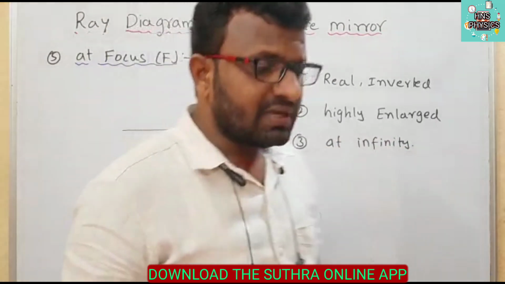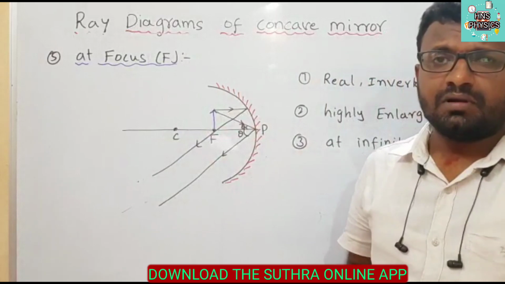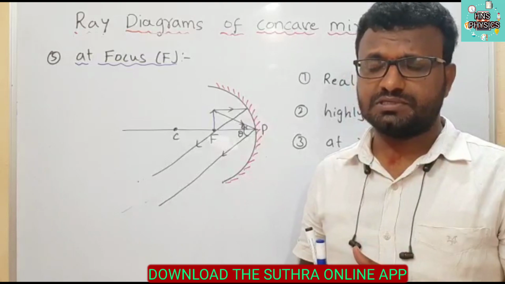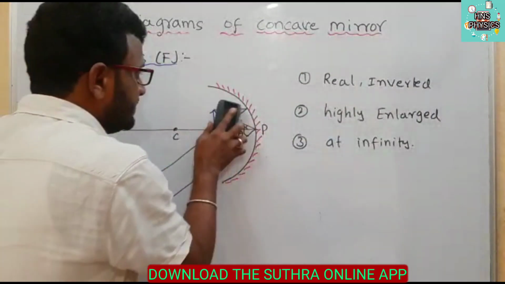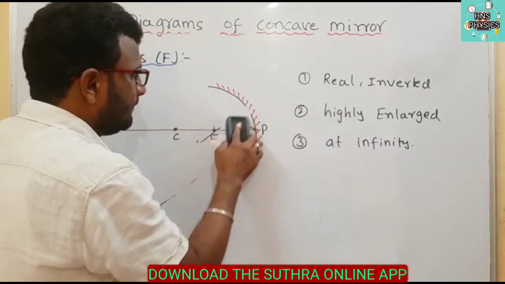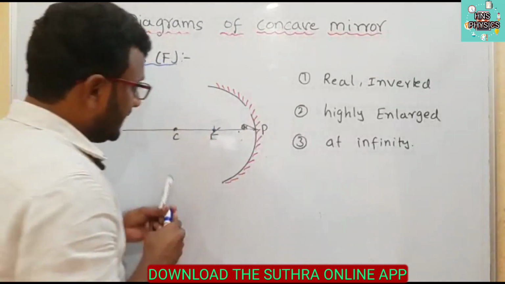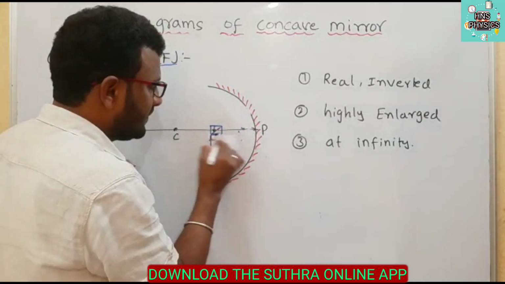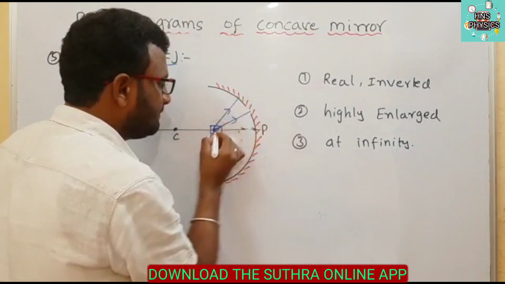Now here one more thing. Based upon this fifth case, we can see vehicle headlights working on this principle. For example, I am taking a car here. So how that works we'll see here. If I am taking one bulb at the focus, so the bulb is placed at the focus, when the rays come out, they diverge from the bulb like this.